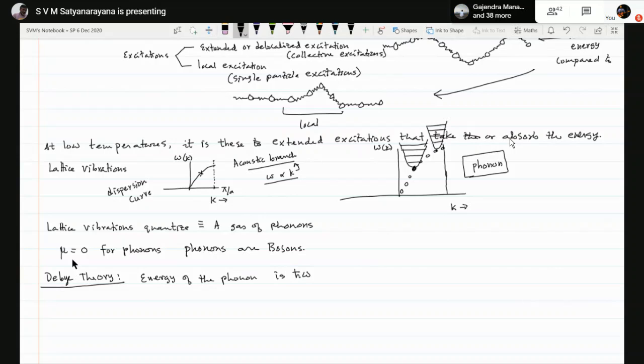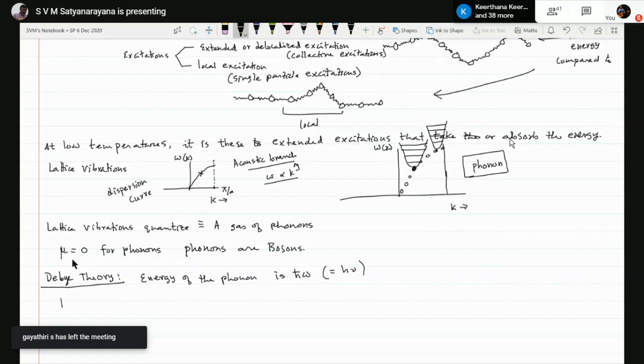This is essentially the same as h nu, which is what we used in the photons case when we discussed Bose. I divide by 2 pi and multiply by 2 pi: 2 pi nu is omega and h by 2 pi is h cross. So the energy of the phonon is h cross omega.